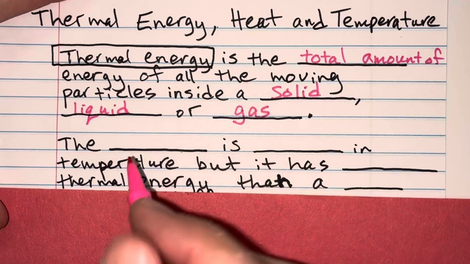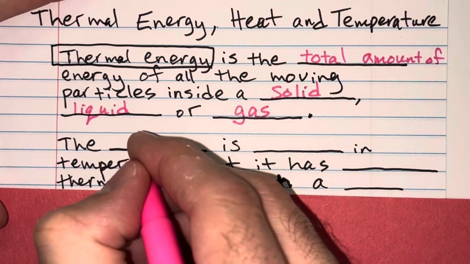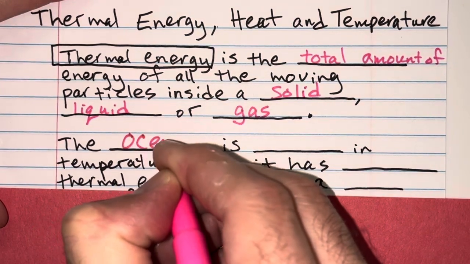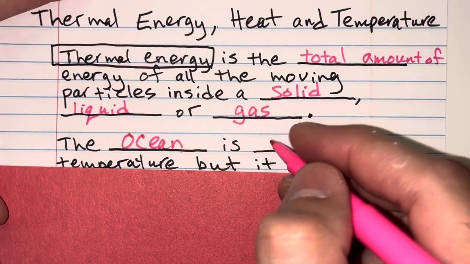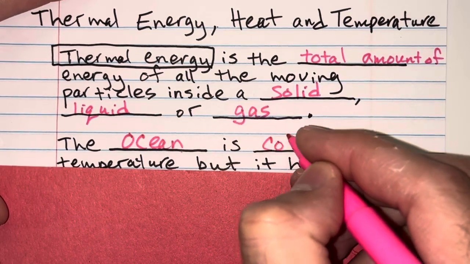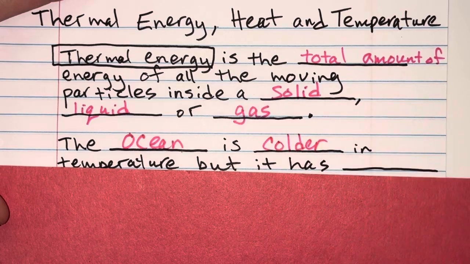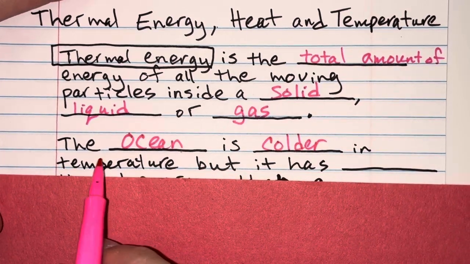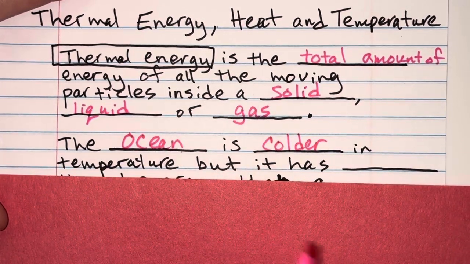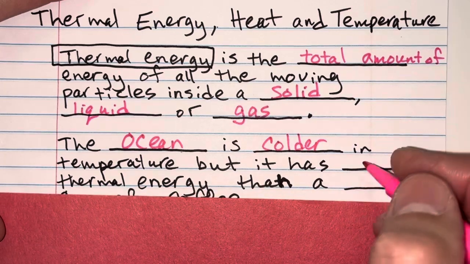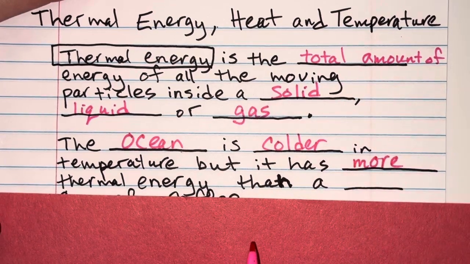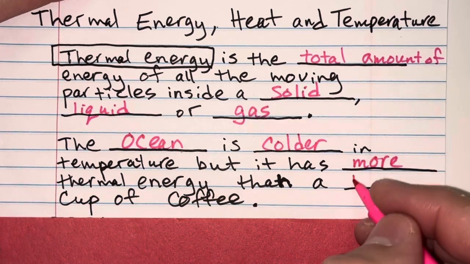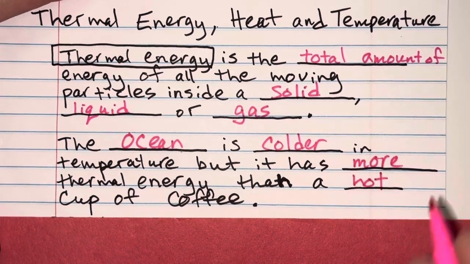Okay, now an example, we could say the ocean. The ocean is colder than a hot cup of coffee. But the ocean is colder in temperature, but it has more thermal energy than a hot cup of coffee.